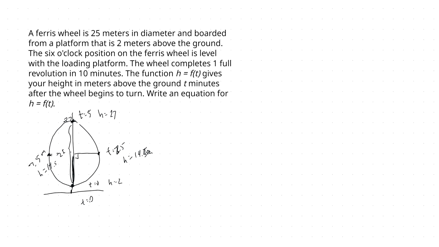So now let's sketch that out, the curve, t versus h. Let's take those values and sketch them out. I know that at t equals 0, I'm starting at a value of 2. And then at 2.5 minutes, I know that the height is 14.5 meters off the ground.